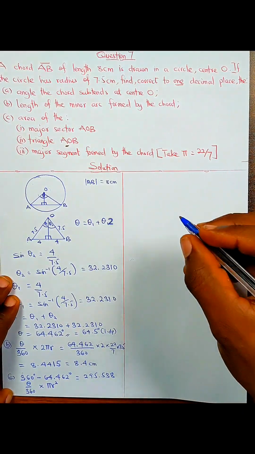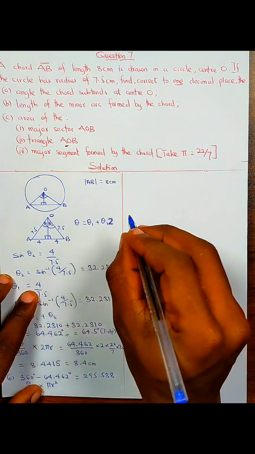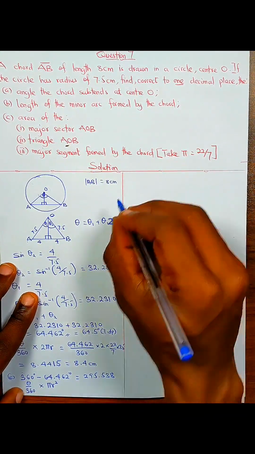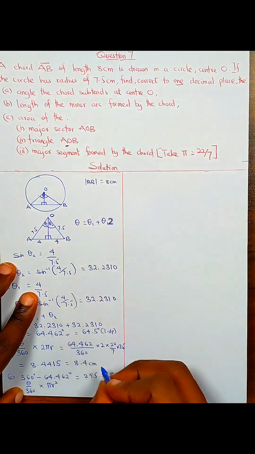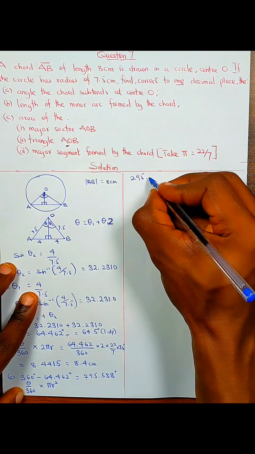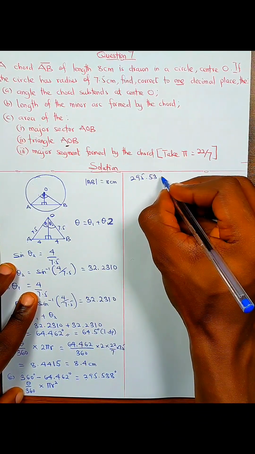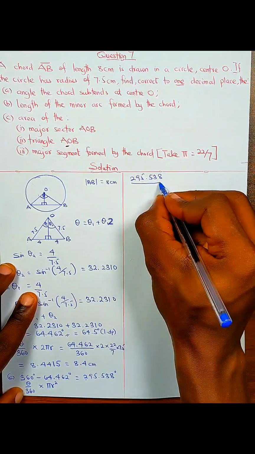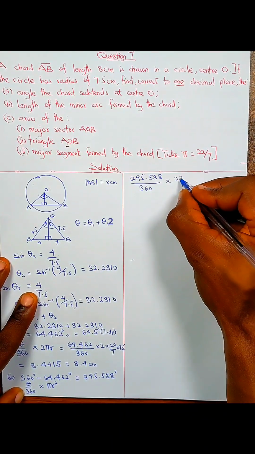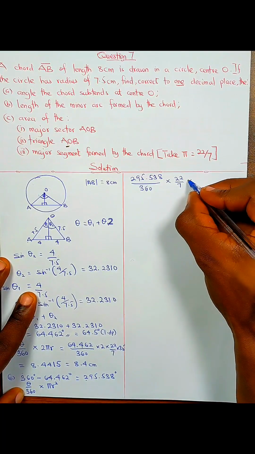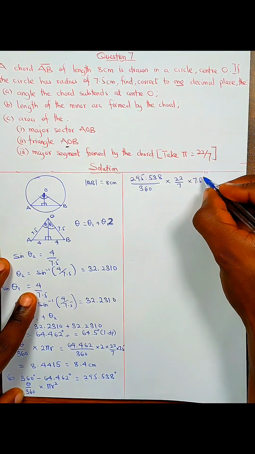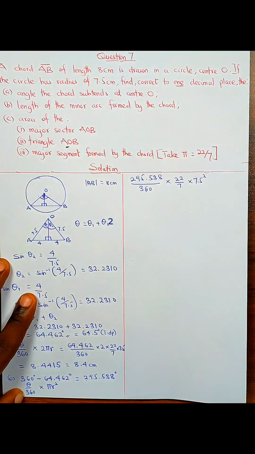So we continue and we see that theta is now this angle we found. So it becomes 295.538 all over 360 times 22 over 7, times r, which is still 7.5, squared.